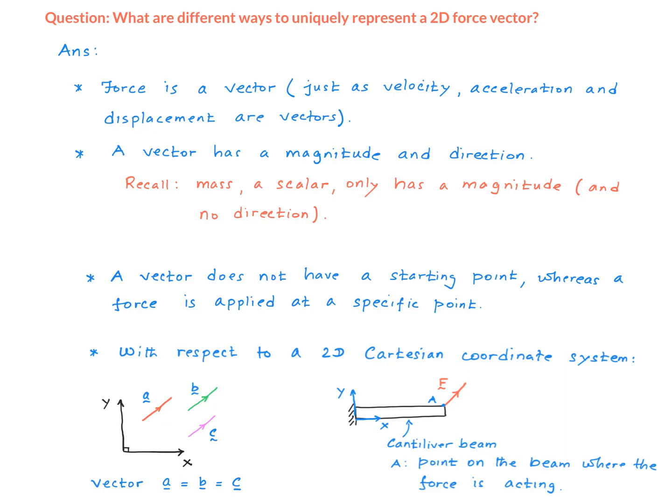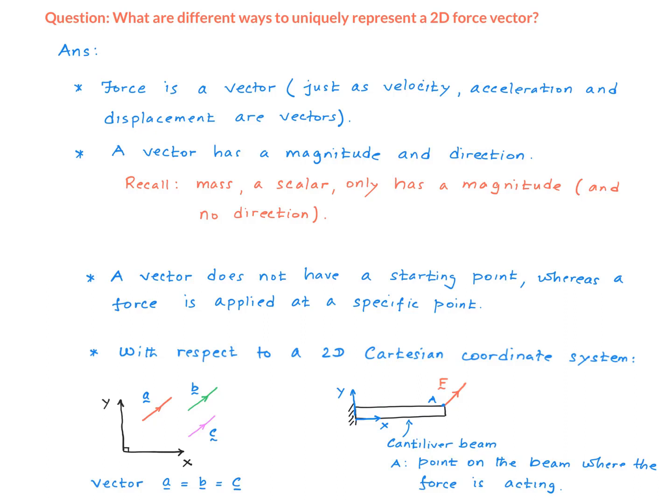Let's say there are three vectors, vector A, vector B, and vector C, like shown in this picture, and they are all parallel to each other and have the same length. Then the three vectors are equal to each other, even though the starting point of each of these vectors is different.